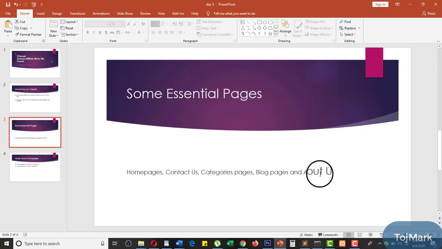And the last one, about us. Here you will talk about what your website is all about. About us sometimes might be about me. Maybe you want to talk about yourself, why you are passionate about this niche that you are into. So it depends on how you want to set up your website. Sometimes it depends on the niche that you belong to.